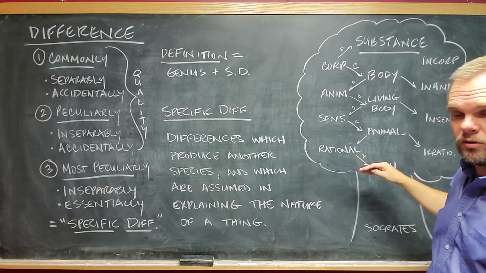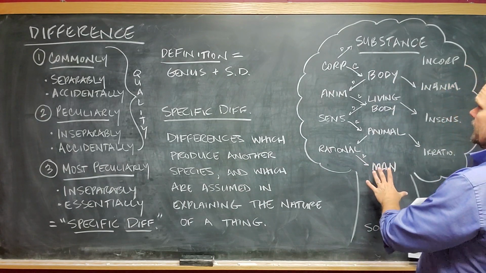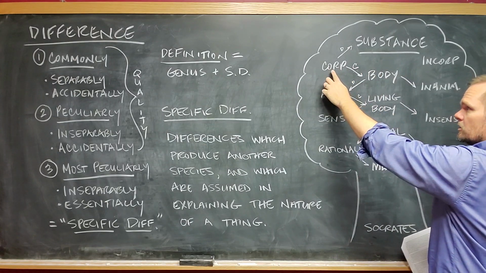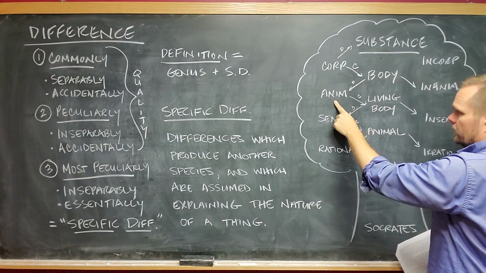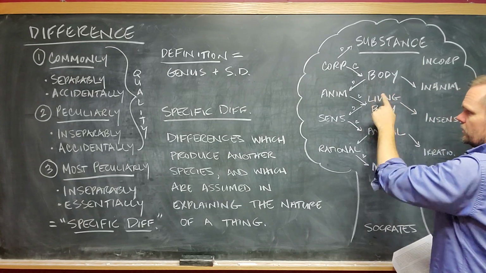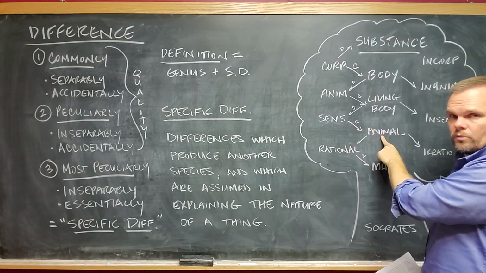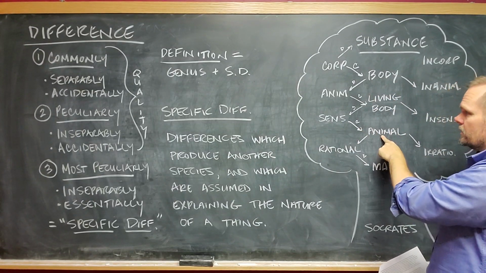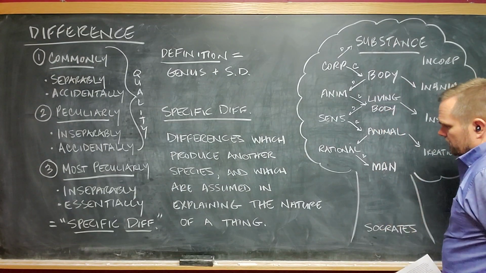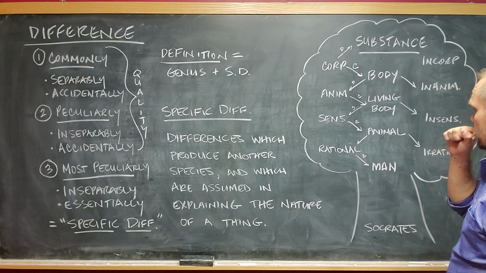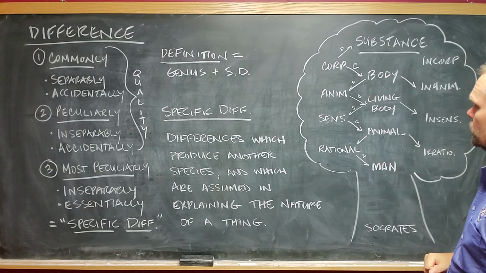Remember that from lesson 2. And not only that, but we can also understand the specific differences that divide each genus and constitute each species as we move down the tree. So this is called the Porphyrian tree.